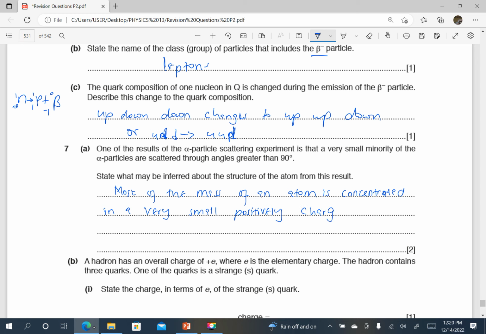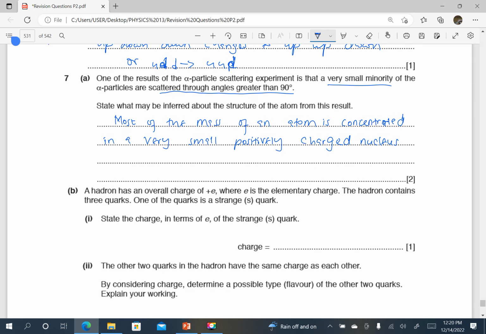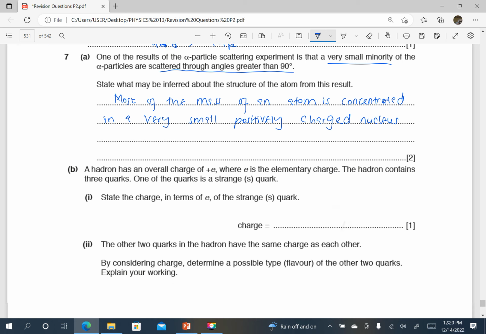By the way, the nucleus must be charged. That's why a small percentage are deflected or scattered through large angles. But otherwise, most of the alpha particles went straight through, simply because most of the atom is entirely empty space.